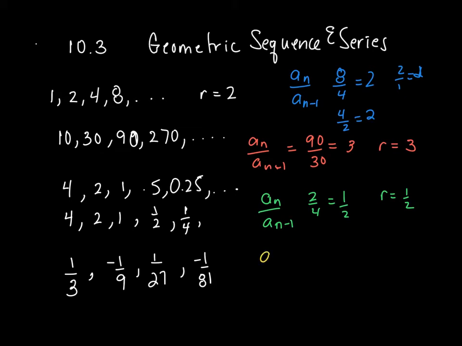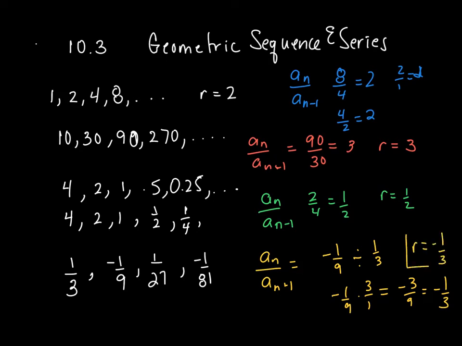It is just a_n over a_(n-1). So with this one, we're going to have to do this with fractions. So that's going to be negative 1/9 divided by 1/3, or negative 1/9 times 3/1, negative 3/9, or negative 1/3. So the ratio for this one is equal to negative 1/3.